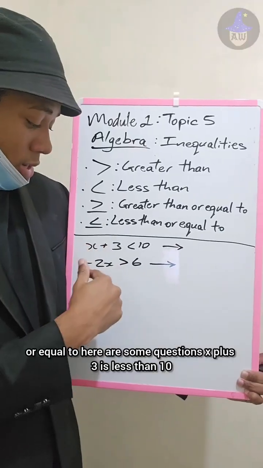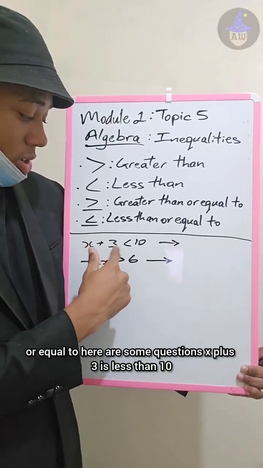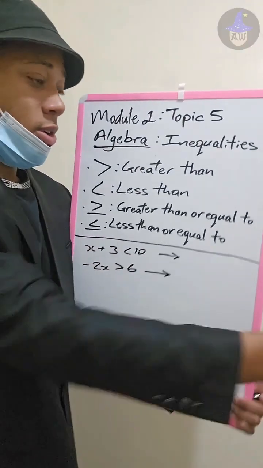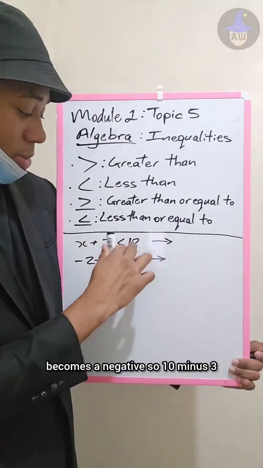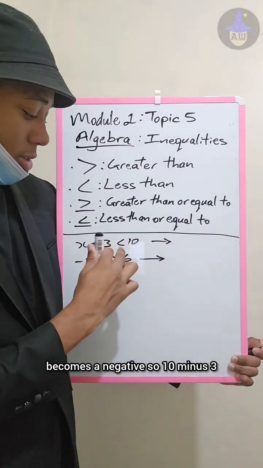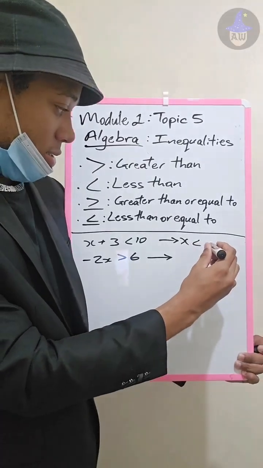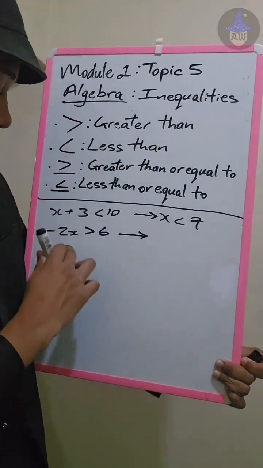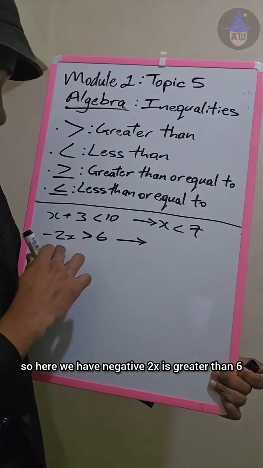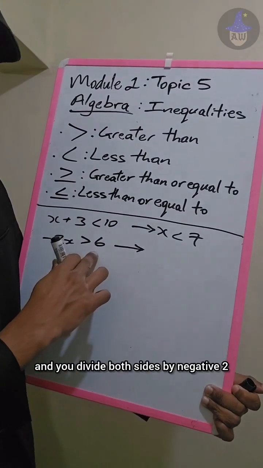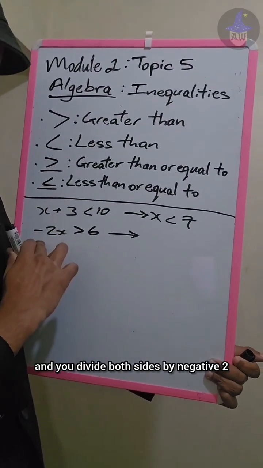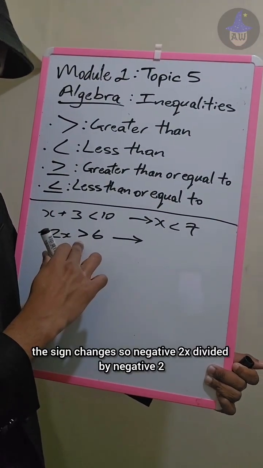Here are some questions. x plus 3 is less than 10. When you bring 3 over to the other side, it becomes negative. So 10 minus 3, x is less than 7. So here we have negative 2x is greater than 6. When you divide both sides by negative 2, the sign changes.